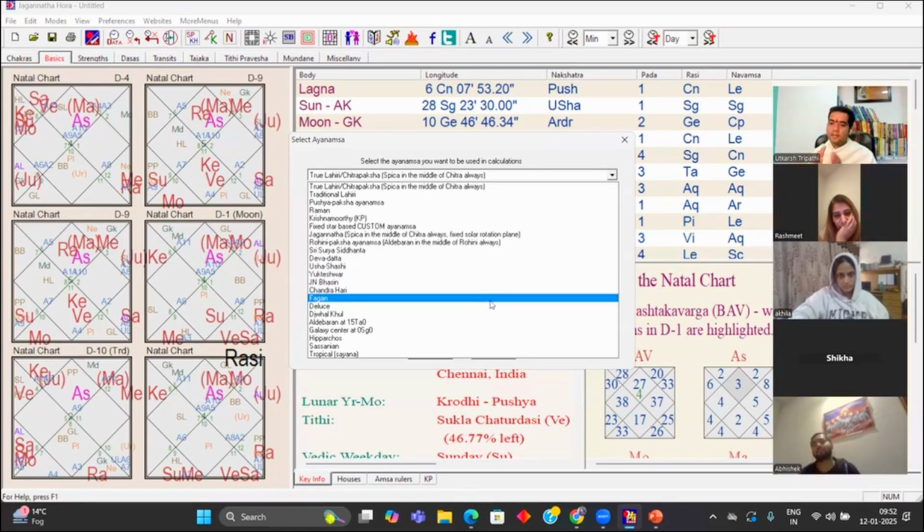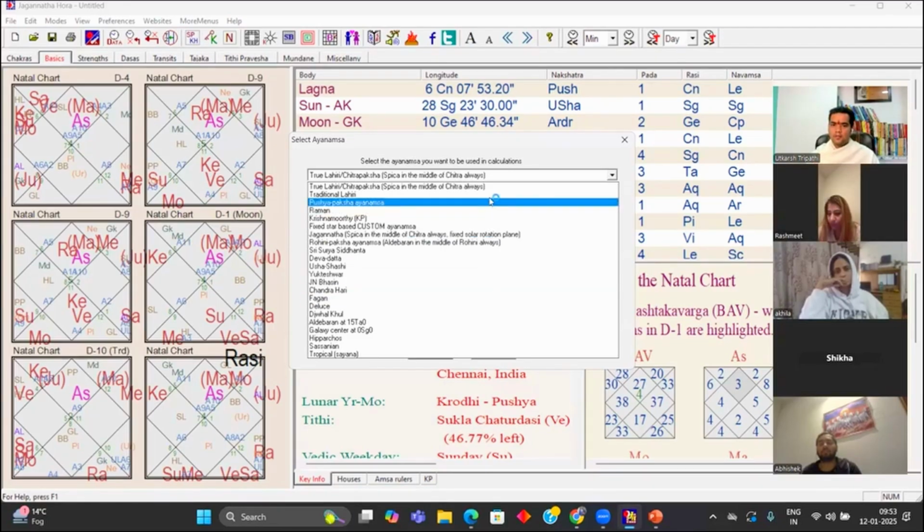There are various schools of Ayanamsha. Everybody has a different way of correcting the degrees and everything. So we will always go with True Lahiri, Chitrapaksha Ayanamsha, the Spica one. Whatever calculation we do, we'll do it along with it.